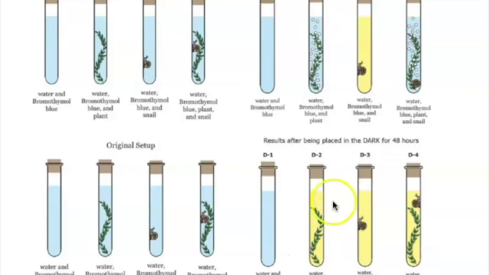Okay, so with the presence of carbon dioxide, we have our BTB solution changing to yellow. So these plants are using up any oxygen that's in here and actually expelling carbon dioxide.